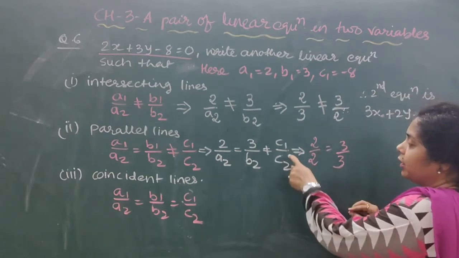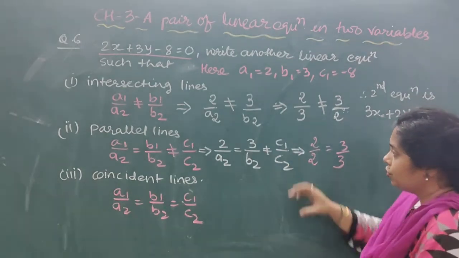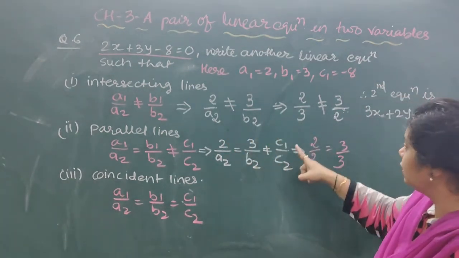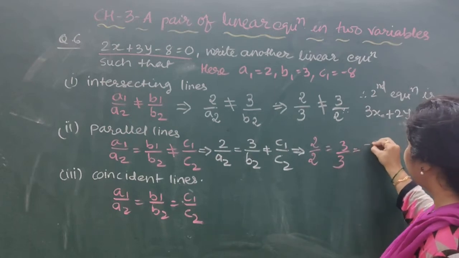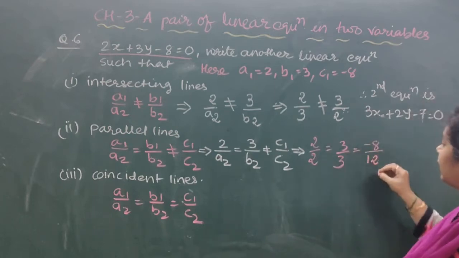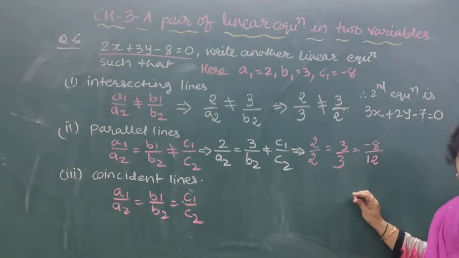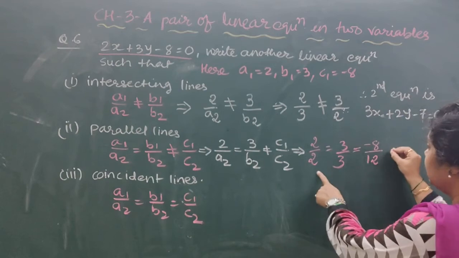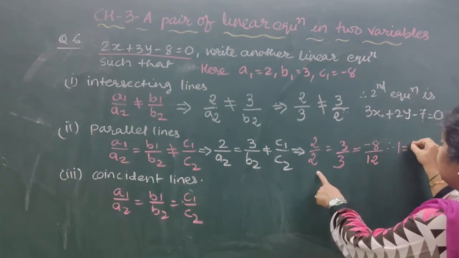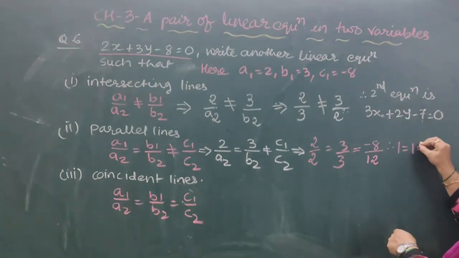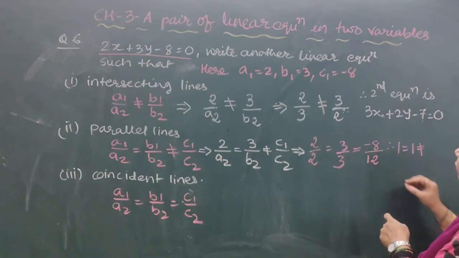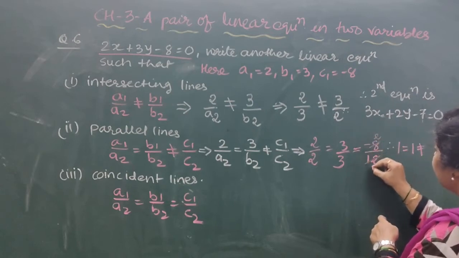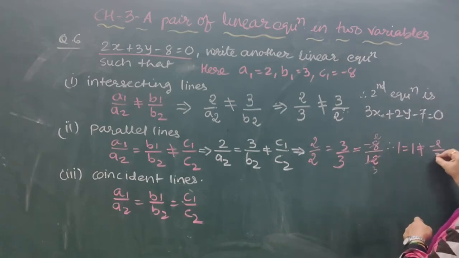Now we have to find the number whose ratio is not equal to A1 by A2 and B1 by B2. So here C1 is given as minus 8. So can I put here 12 or 7 or 5, any number you can write. And therefore we can say that here 1 is equal to 1, but it is not equal to, if we take out a common factor, 4 into 2 and 3, so it is minus 2 by 3.